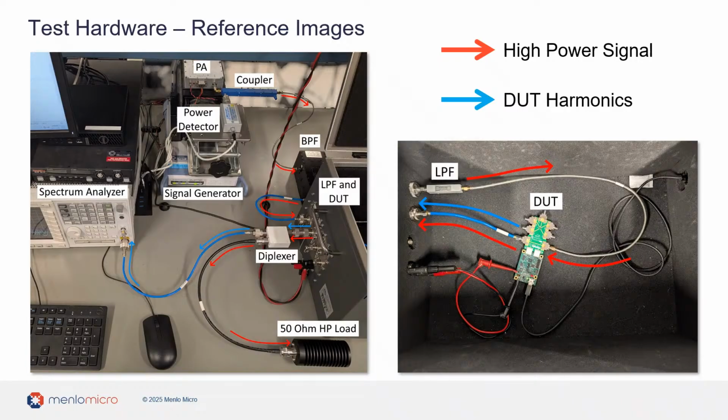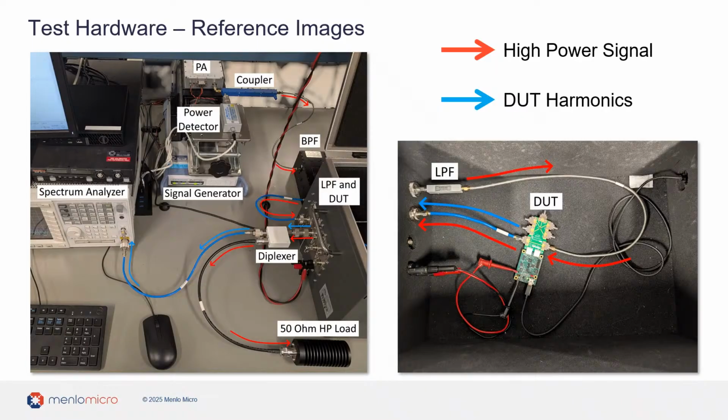The output of our device under test, now carrying both the high power RF tone and the harmonics that we're trying to measure, is connected through the RF shielding box and then to our diplexer. This diplexer splits the high power RF tone at the principal frequency, the red arrows, and the harmonic tones, the blue arrows, into two different RF paths.